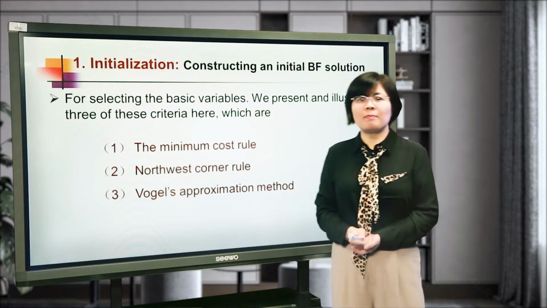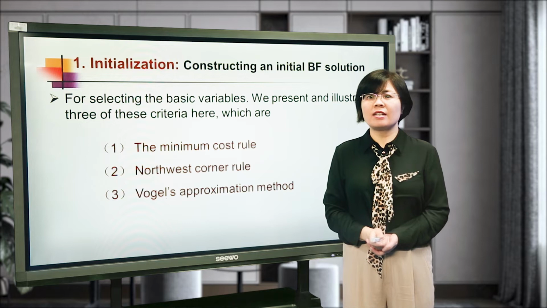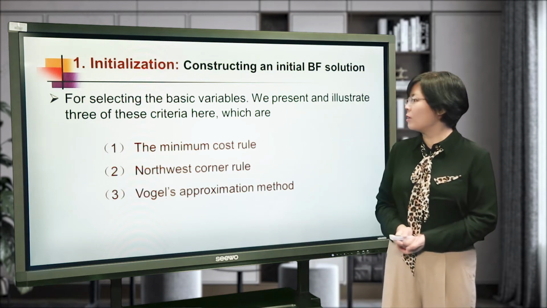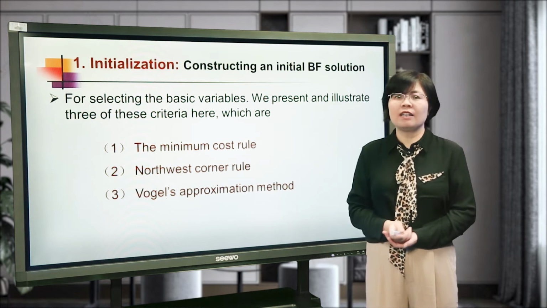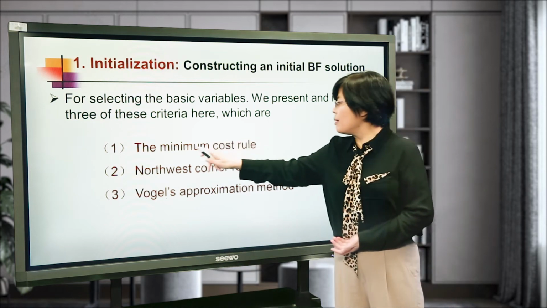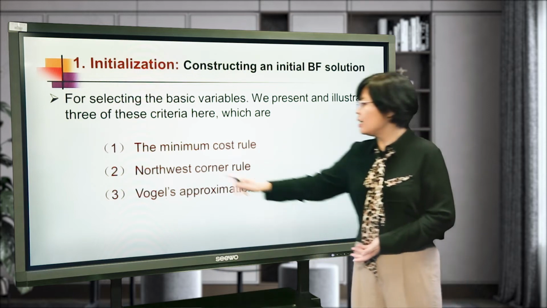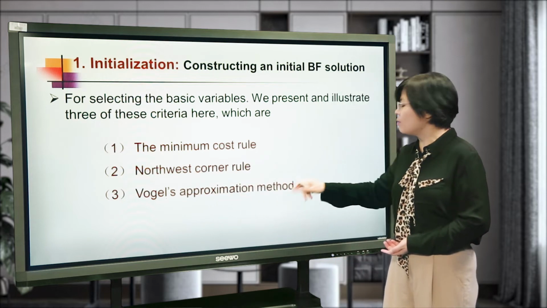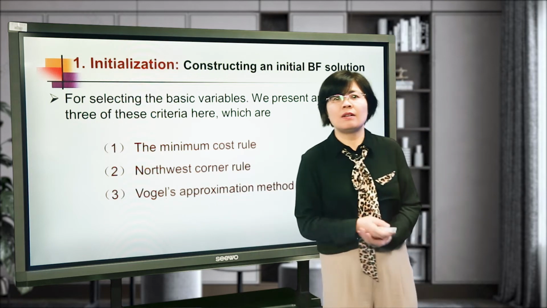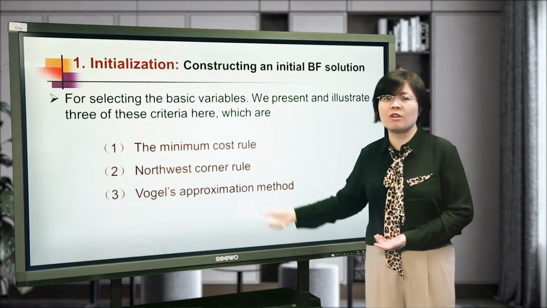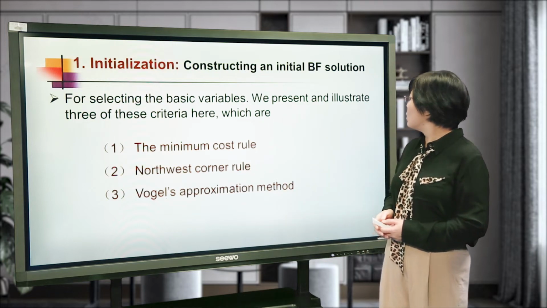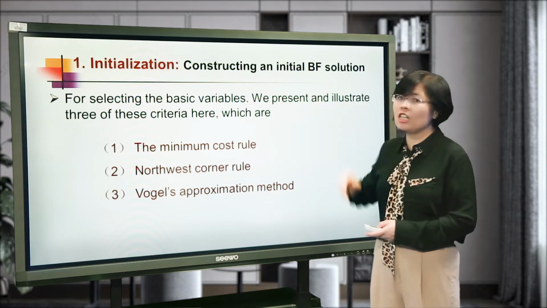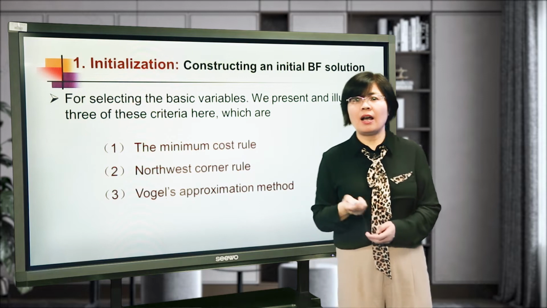For selecting the basic variable, we present and illustrate 3 criteria here, which are the minimal cost rule, the northwest corner rule, and Vogel's approximation method. All 3 methods are for constructing an initial BF solution.